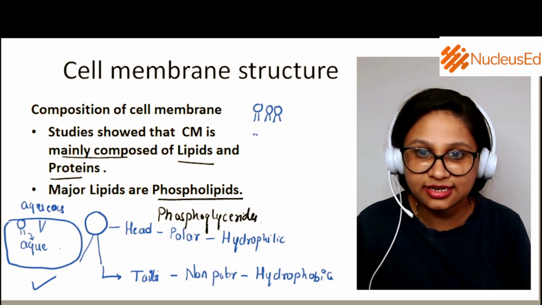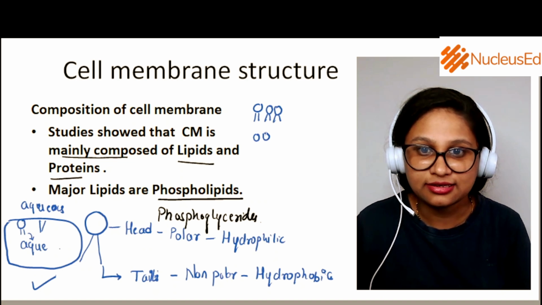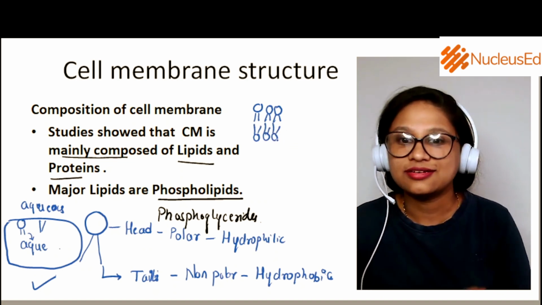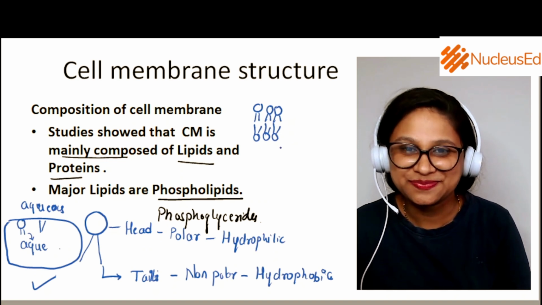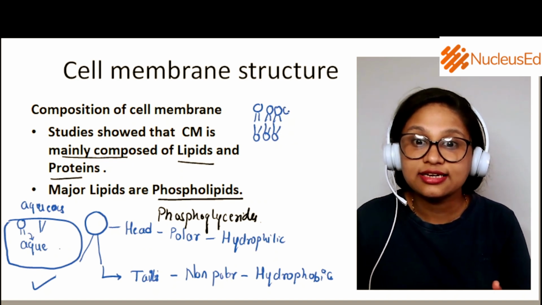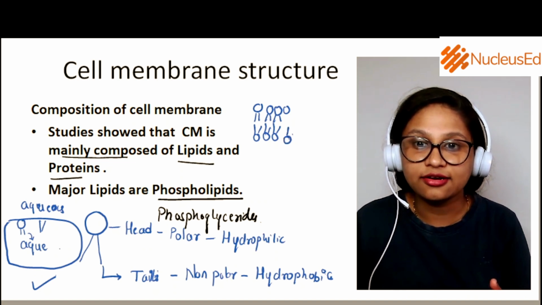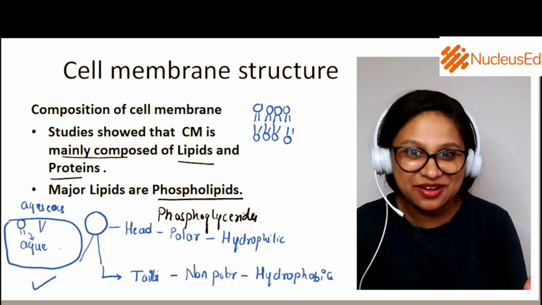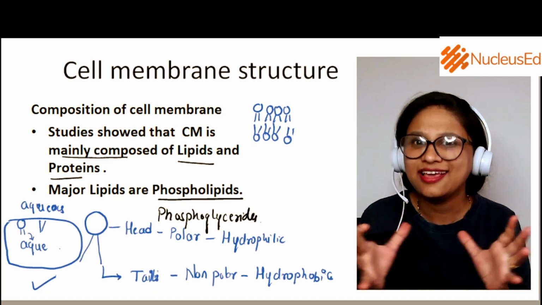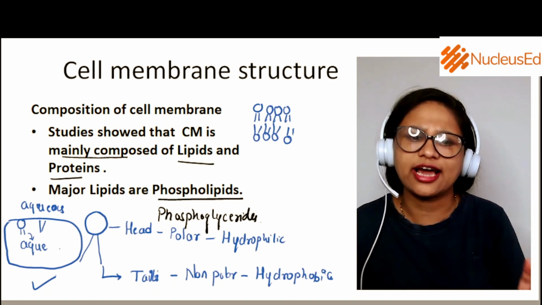This is the first layer and this is the second layer just below the upper one. Likewise, lipid heads are facing towards the aqueous environment and non-polar tails are not at all coming in contact with water.